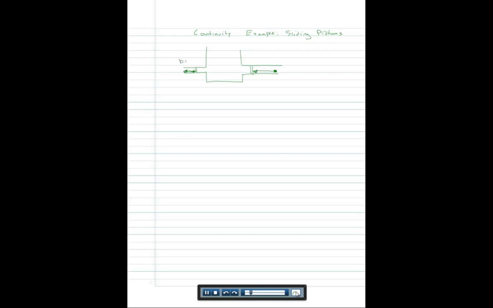What we know is that the diameter of this pipe is 3 inches and the diameter of this pipe is 6 inches. We know a little bit of information about the velocity of the pistons as they move. The piston that's moving outward from the tank is moving at 2v, compared to the piston that's moving into the tank at v. And so you can see that the diameter here is 1/2 the diameter. The pipe on the right is double.